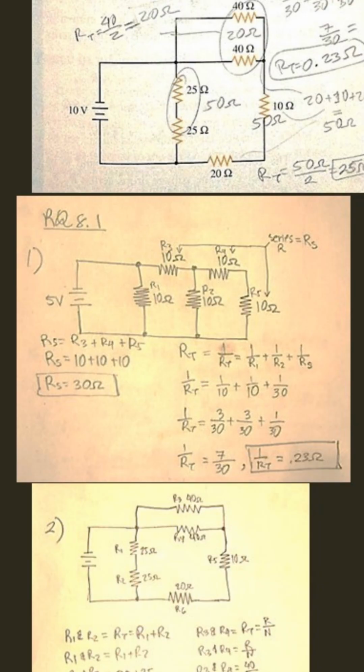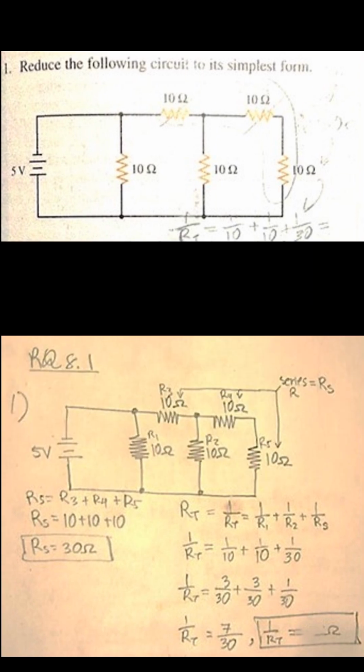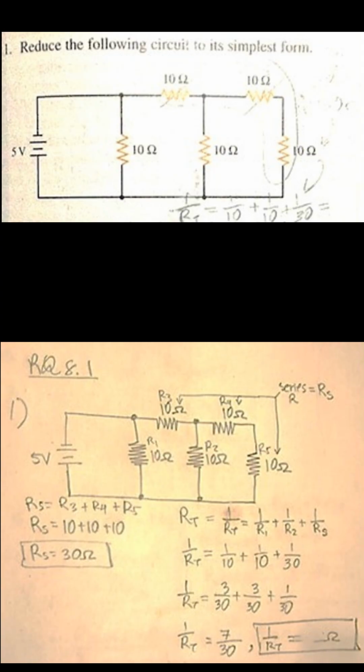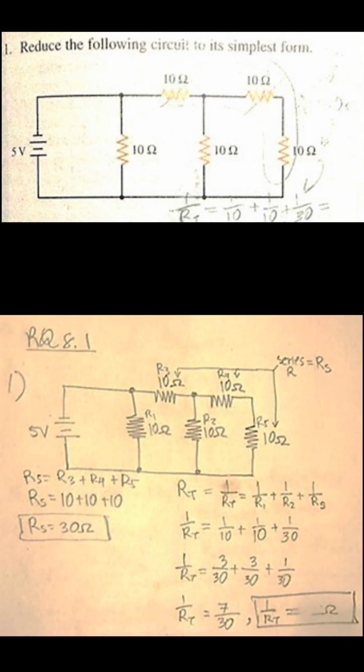So we can just for now omit the other 2 resistors, which are now combined into R5, which is 30 ohms. So our total resistance we can find out, since the circuit is now a purely parallel circuit. Now we can use the formula for resistance for parallel circuits, which is our reciprocal formula.